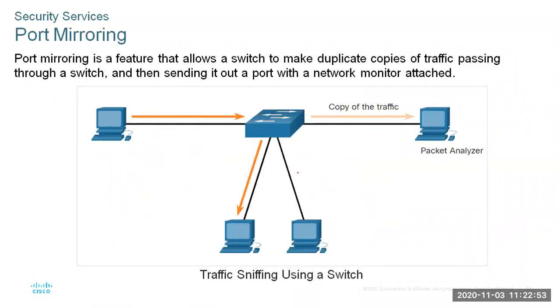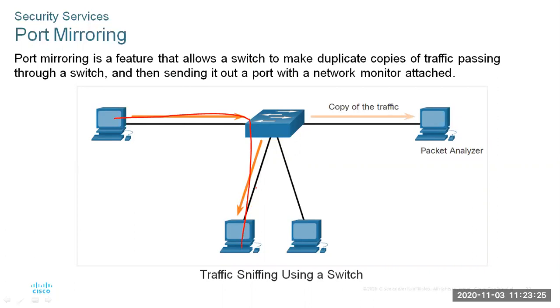Then there's another tool called port mirroring. So you see, we have talked about SNMP, we have talked about NetFlow. Now, port mirroring. Port mirroring is usually a feature that allows a switch to make duplicates of traffic passing through it. So you see, the traffic is coming from here to here.